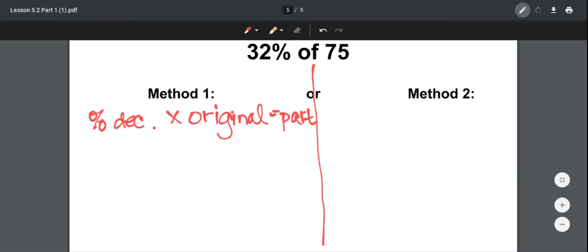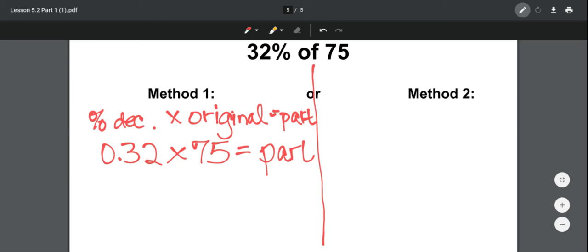As a decimal, 32% is 0.32. Times it by our original number, which is 75, and that will give us our part. We are being asked to take 32% of this whole number, or of this original number. When we do the multiplication, we find that our part, or our x, is equal to 24.